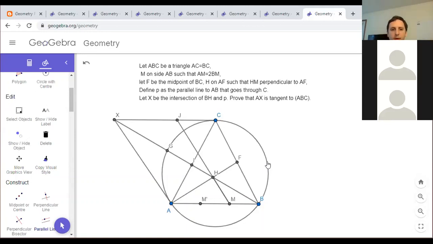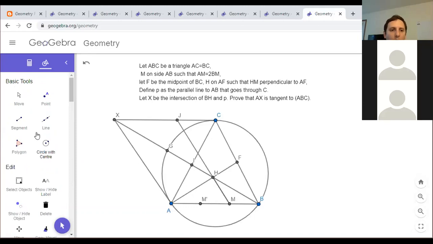So we want to show AHCX is cyclic. Isn't X the centroid of ABC? Is H the centroid? Just asking. Are CH and the other lines all perpendicular to AB? I don't think so. Let's see.